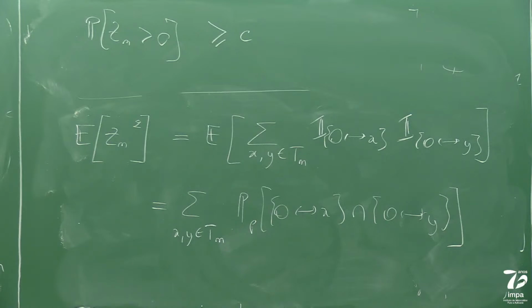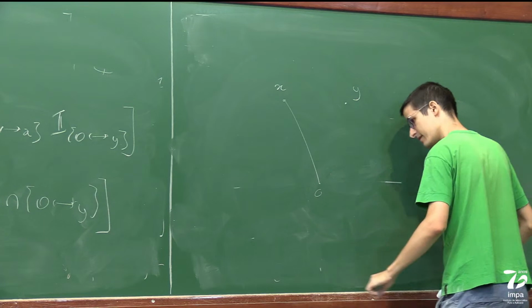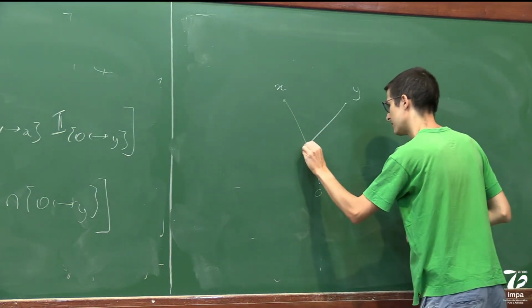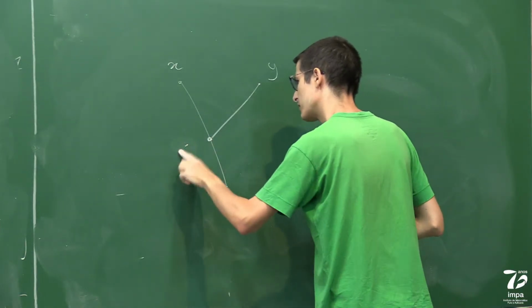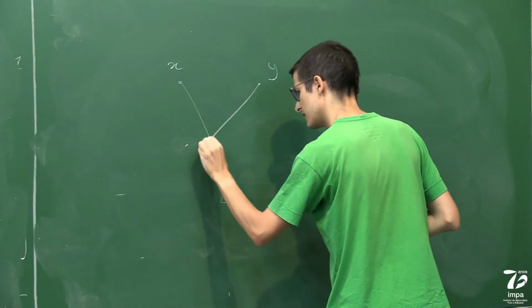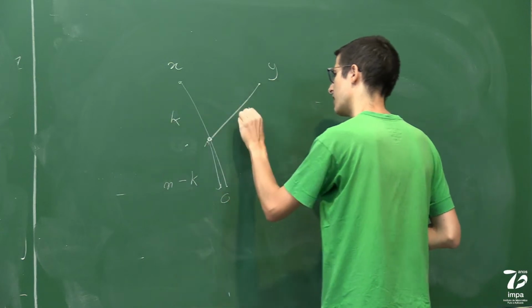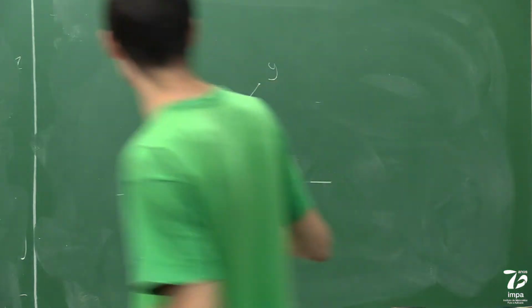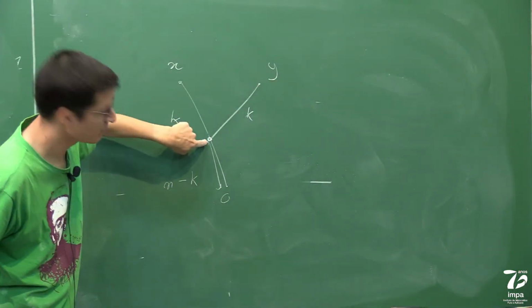So I have 0 here, x here, y here. I'm going to assume that the distance here is n minus k, and the distance here is equal to k. If I have 2 vertices x and y in Tn, when they are going to the root, at some point they are going to meet a common parent.